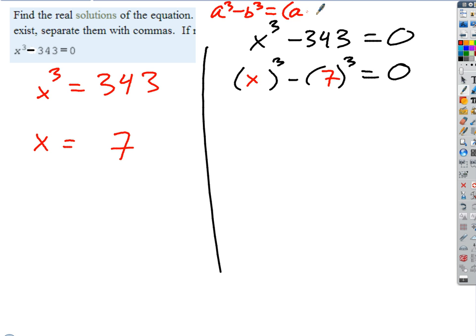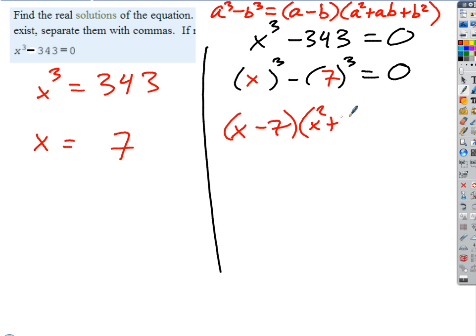A minus b, good, times a squared plus ab plus b squared. Remember that one? Okay, if we use that pattern, obviously it's going to work. We're going to get a minus b would just be x minus 7, times the other factor, which is going to give us x squared plus 7x plus 49.